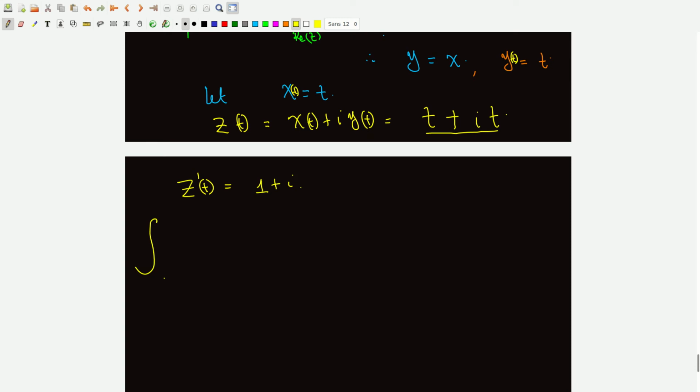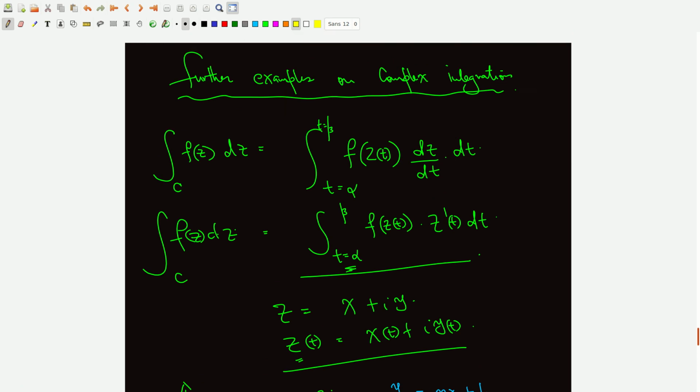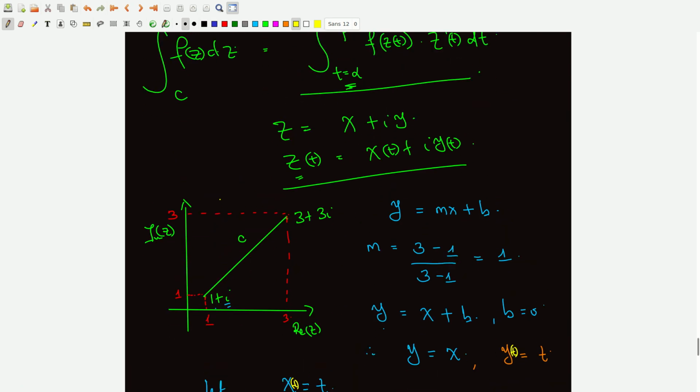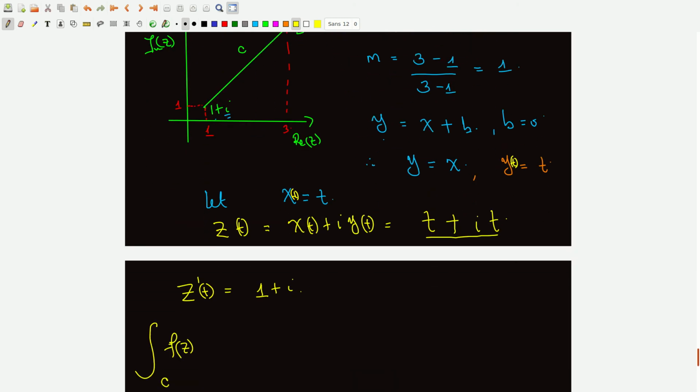Therefore now we can write our integral over that path c of our function f of z. Maybe one thing I forgot to say is that we wanted to integrate this where our function f of z equals z.